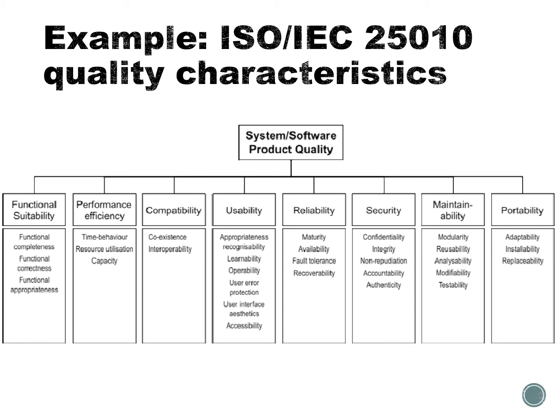For example, for the performance efficiency, there's time behavior, so responsiveness, resource utilization, so level of optimization, and capacity, meaning how much can it do on a certain level of resources. So all these things are defined so that you can, for your convenience, for example, define what are the important ones from this list, what are the important characteristics, what are the important sub-characteristics, and how they can be measured.